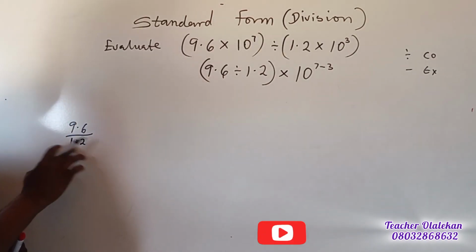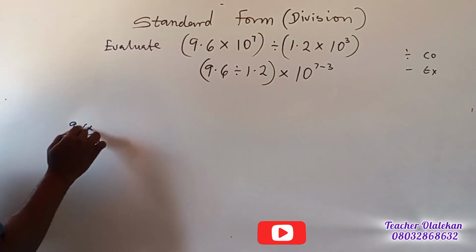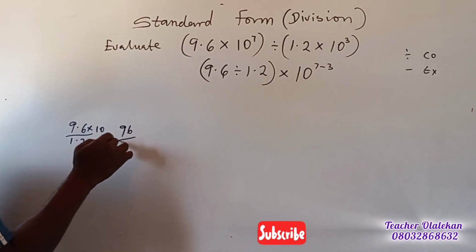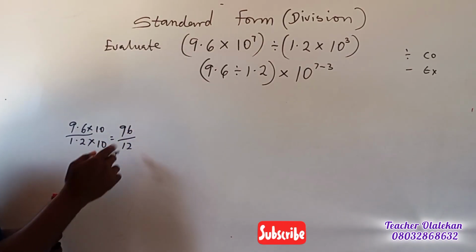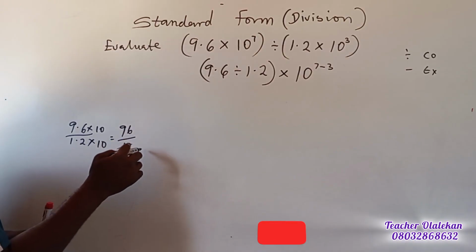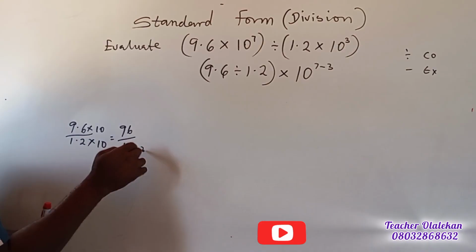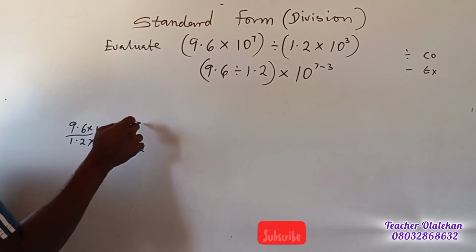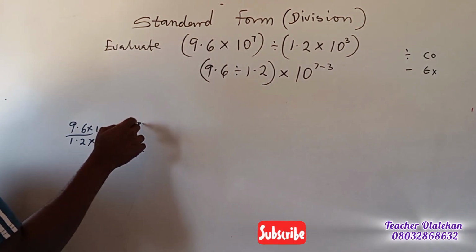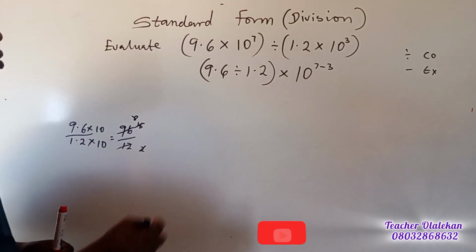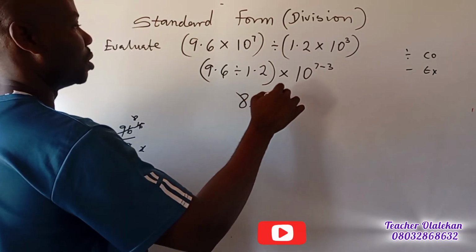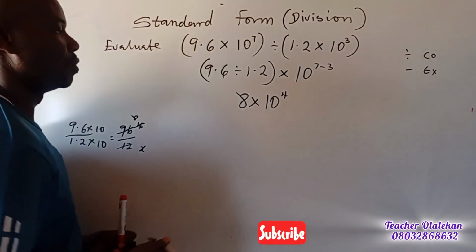We multiply by 10 here and multiply by 10 there. So that becomes 96 divided by 12. 6 here, that's 2. 6 here, that's 1. In 36, that's 6. Here, 1, here, 8. So that becomes 8 multiplied by 10 raised to power positive 4.